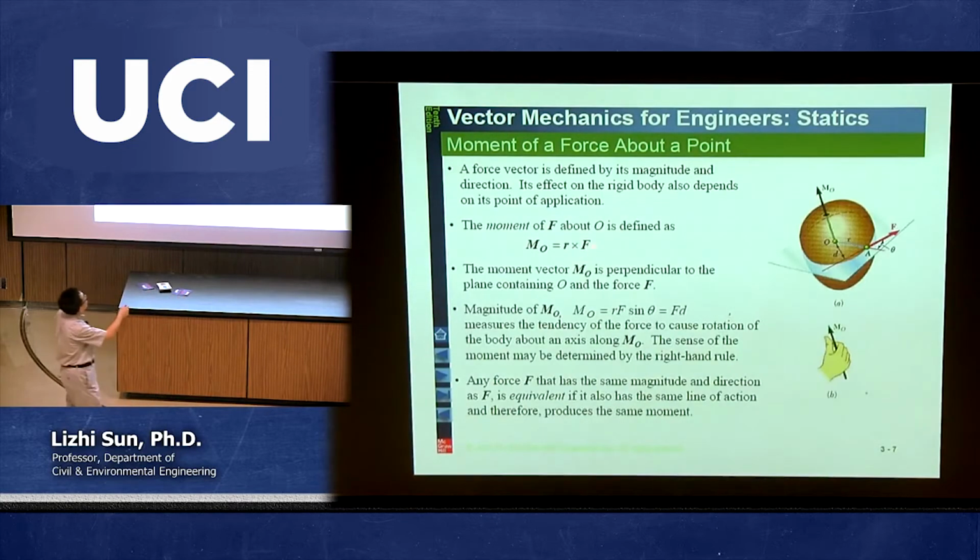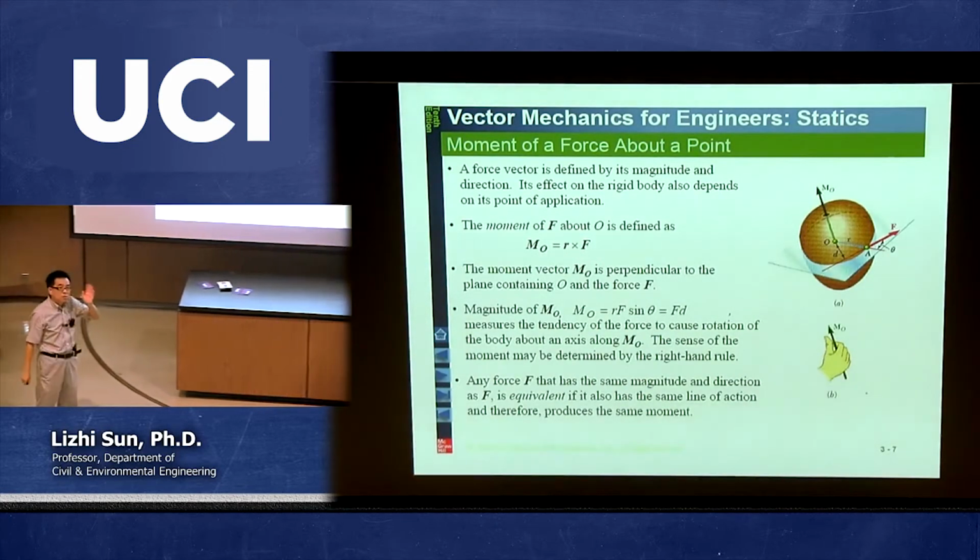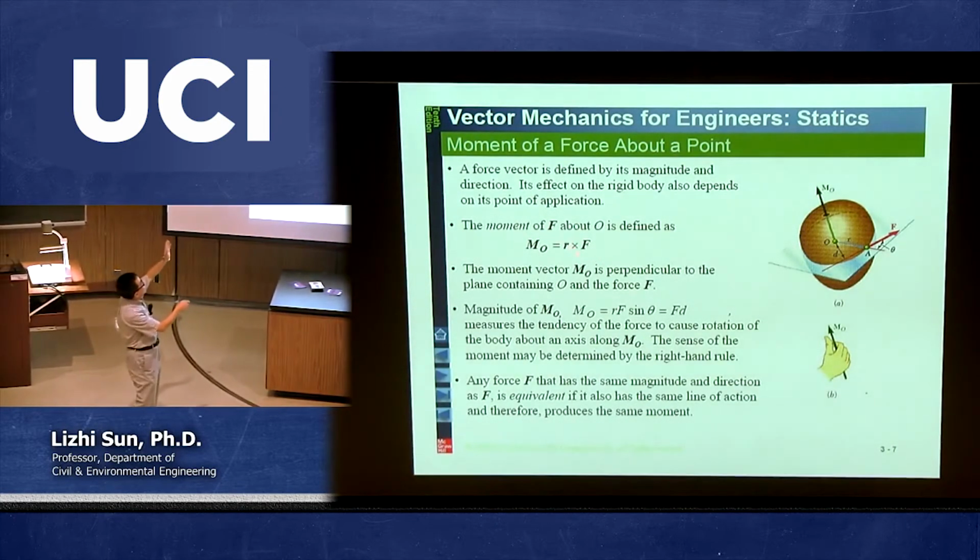Okay? So what is the moment of this force about another point O? Obviously, you can follow this equation, which is R cross F. R is a distance vector, but you only have two components because it's a two-dimensional problem. There's no z component. And F is also a vector, but it only has x and y components. There may not be a z component. You can figure out R, figure out F, and do the cross product with the definition we gave you before.